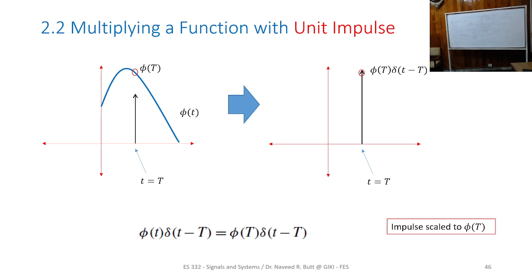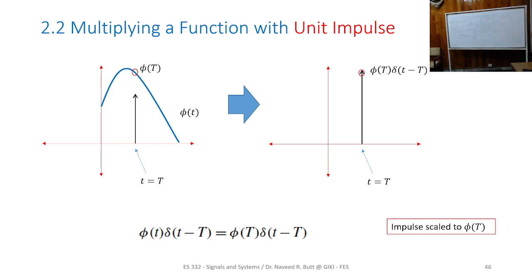What other integration trick have you learned? Like integration by parts, there are other tricks too. Did you learn substitution? Yes, so try substitution. Let's say tau equals t minus T. Then what is d tau? It will be dt, since T is a constant. What happens to the limits? As t is minus infinity, what is tau? Still minus infinity. If t is infinity, what is tau?